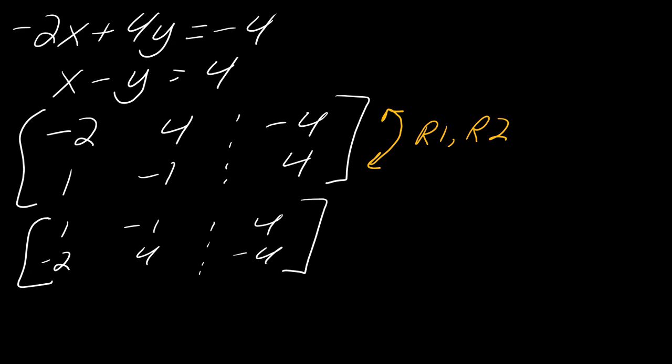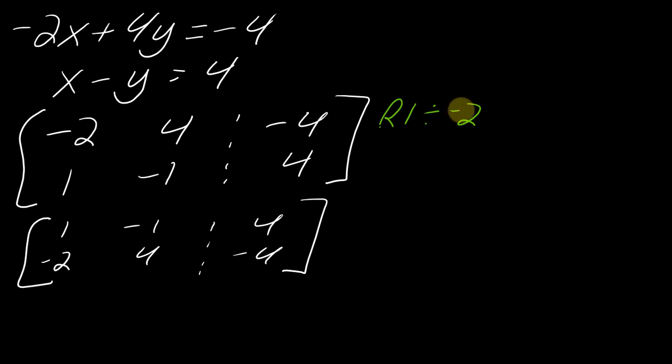Very often this does not work though, and so the other option that you could do is, let me actually do this other option in green for a moment. So the other thing that I could have done is I could have taken this row and divided, so taken R1 and divided it by -2.